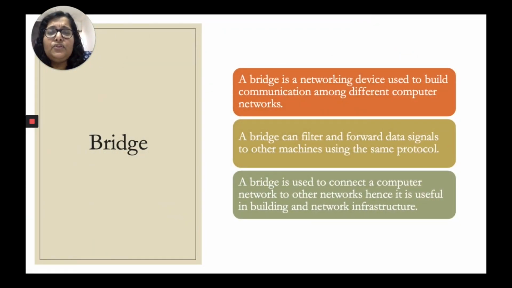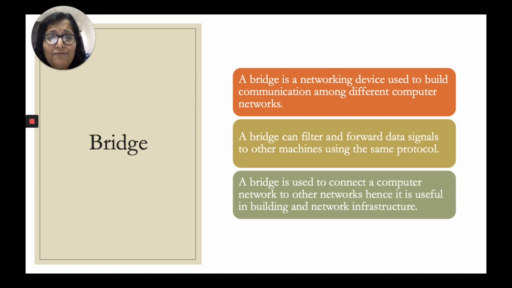Next, I would like to talk about a bridge. A bridge is a networking device used to build communication among different computer networks. The last two things were for a LAN or a local area network, but this is interconnecting different LANs together. You have to connect between different computer networks.